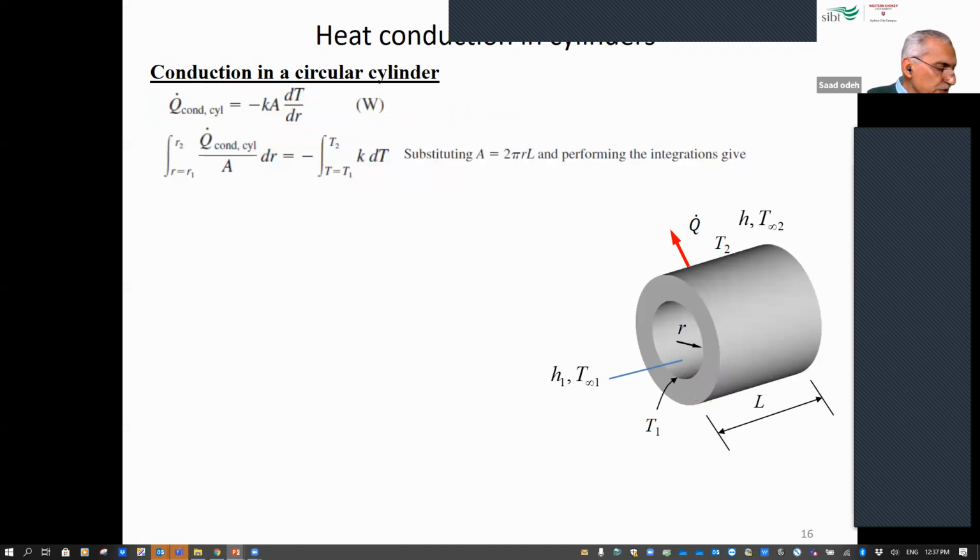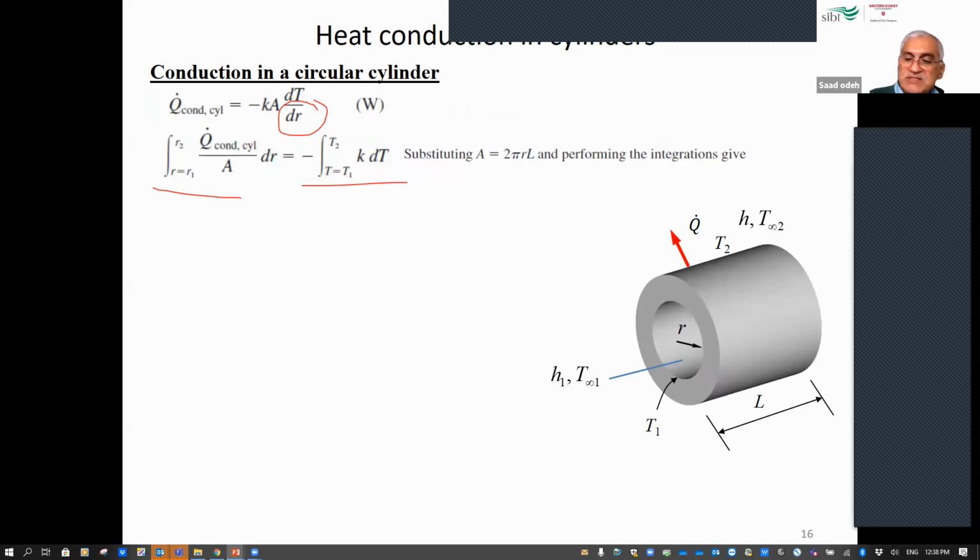And that's why we are now using dr in the equation, not dx. And now if we do integration for the change in radius and change in temperature, the integration limit is for R1 and R2, the left side, and the right side is for change in temperature.